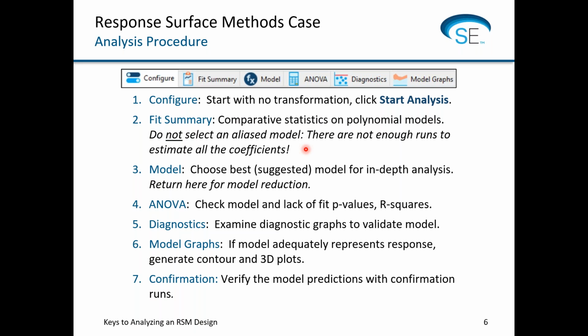So we'll look at that in this session. Then we go on to the model screen, where we can actually select the model that we want to form the ANOVA for. In the ANOVA, we get to check the model and the lack of fit, p-values, r-squareds, etc. Then we use diagnostics to validate the model, and finally wrap up with the model graphs where you're viewing pictures of the polynomial that you created in the ANOVA.